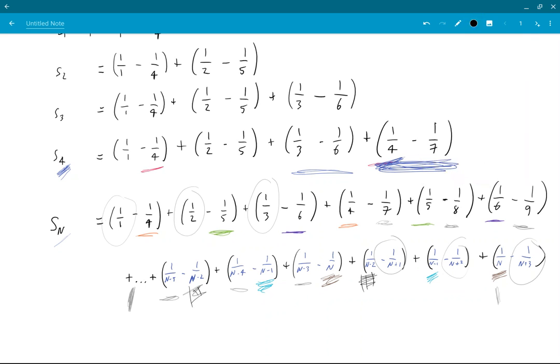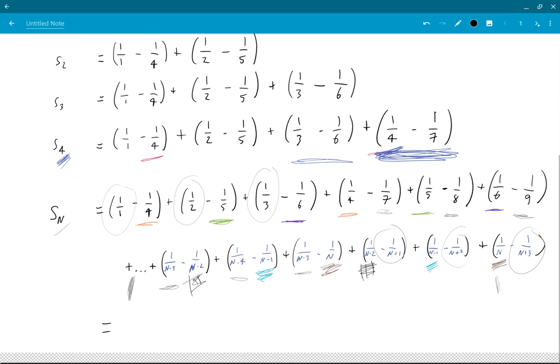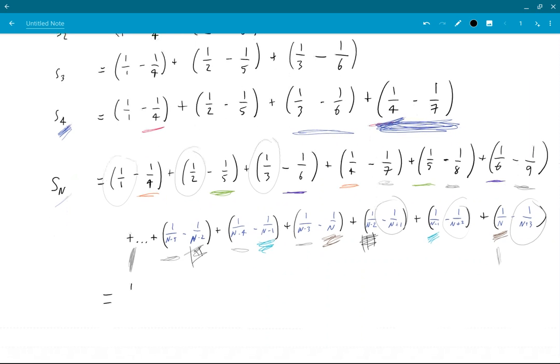Okay, that's a bit complicated, but what I get is that S capital N is 1 over 1 plus 1 over 2 plus 1 over 3 minus 1 over n plus 1 minus 1 over n plus 2 minus 1 over n plus 3.